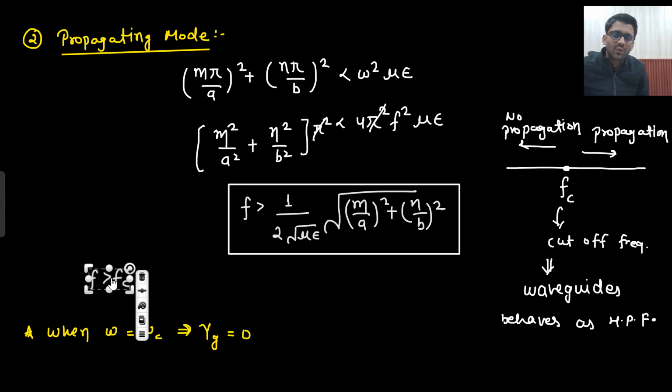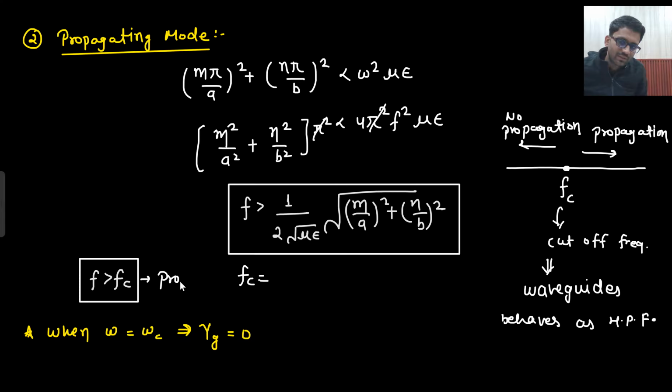Okay. So now what do you think? What is the value of FC you are getting? Your f has to be greater than FC for propagation. So what is your FC here?